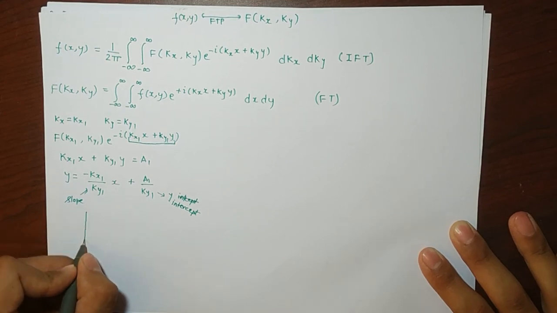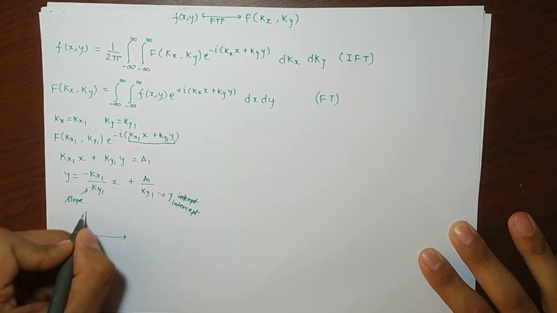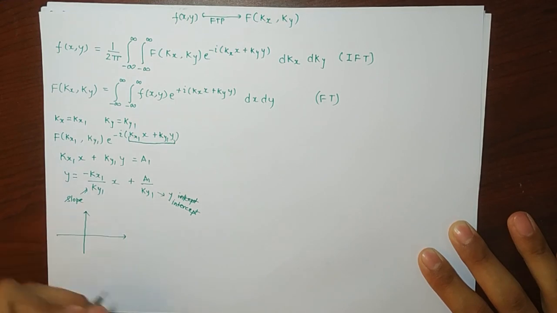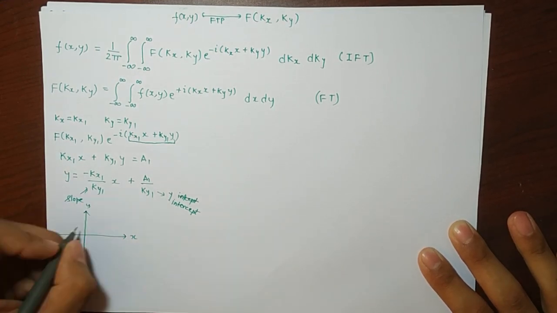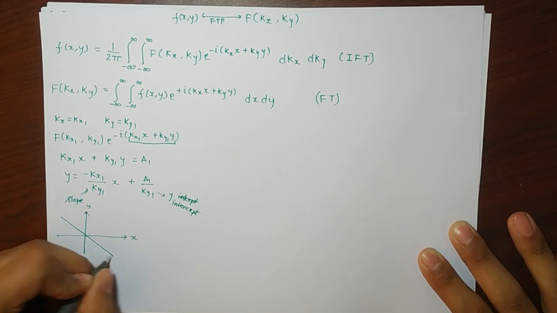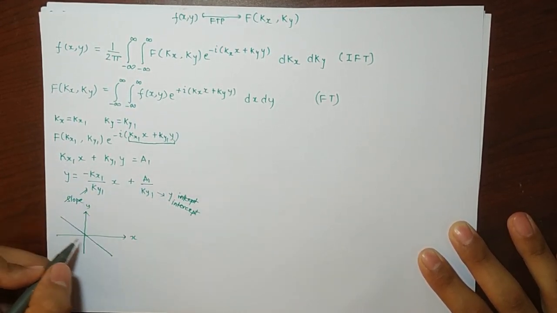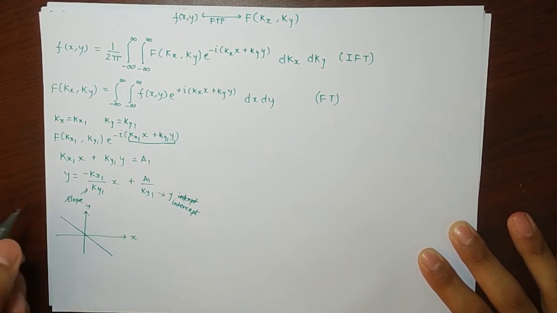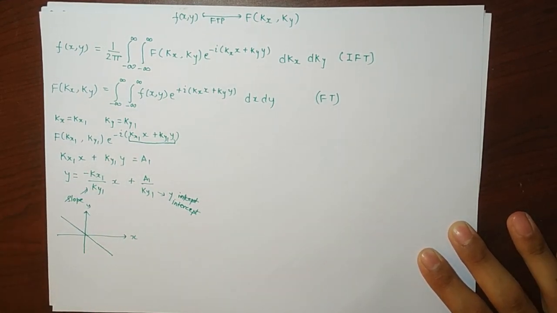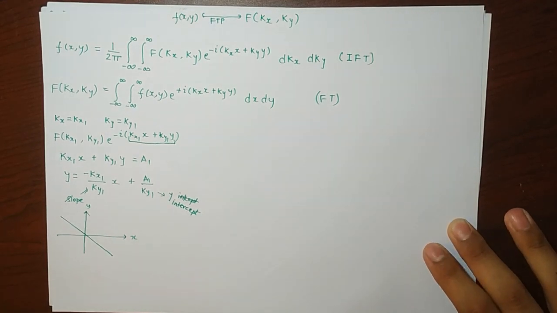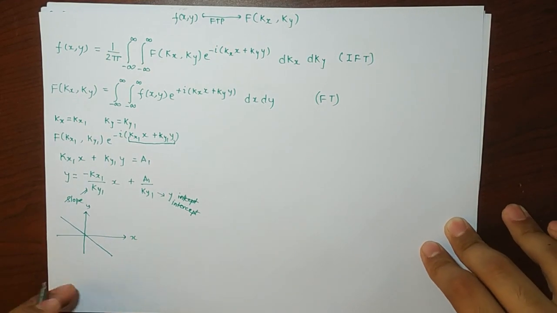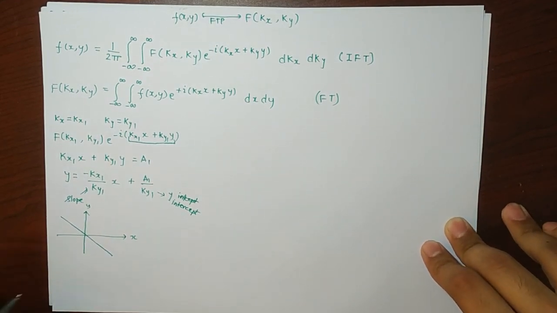When you draw this in the Cartesian coordinates x and y, assuming a is, let's say for this line, 0, then we know that this particular line will pass through the origin. You can change the value of a1. There is no constraint on the value of a1.